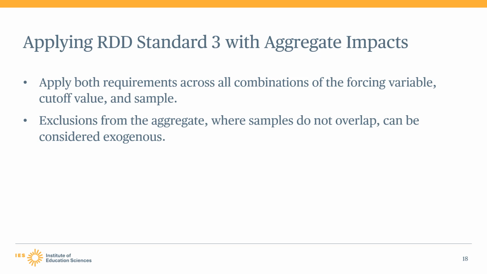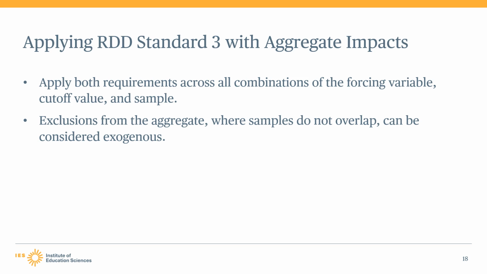Namely, there must not be evidence of an unexplained discontinuity at any non-cutoff value within the bandwidth of any forcing variable for any sample. This means that a graphical analysis must be presented for every combination of forcing variable, cutoff, and sample. In cases where impacts from disjointed samples, meaning non-overlapping samples, are aggregated, it is acceptable to exclude from the aggregate impact any impacts from samples that do not satisfy this criterion because such exclusions would be considered exogenous.